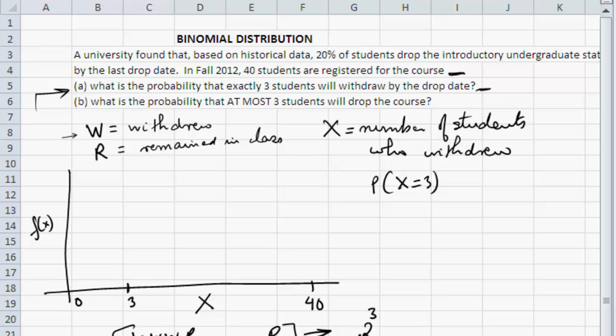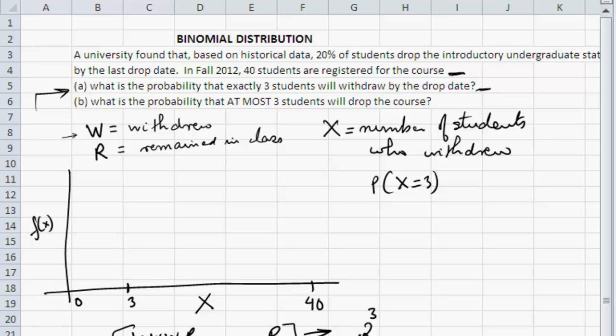In this case, each trial consists of a student either staying or withdrawing. You remember our discussion of independent events. If you have 2 events and they're independent, then the probability that those two events happen at the same time, in other words the joint probability, is simply the product of their own probabilities.